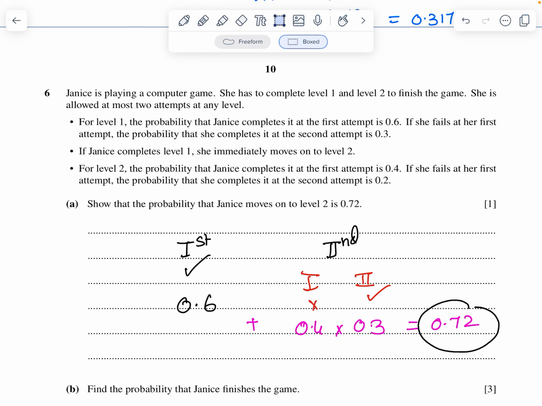If she fails at her first attempt, the probability that she completes it at the second attempt is 0.3. She will be failing in the first level or the second level.